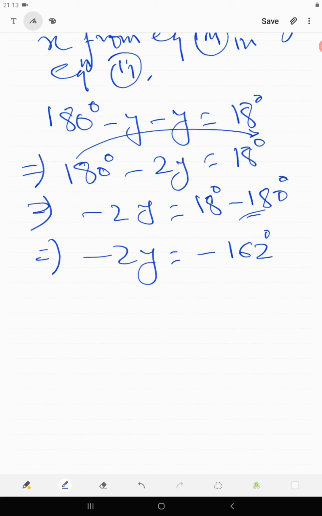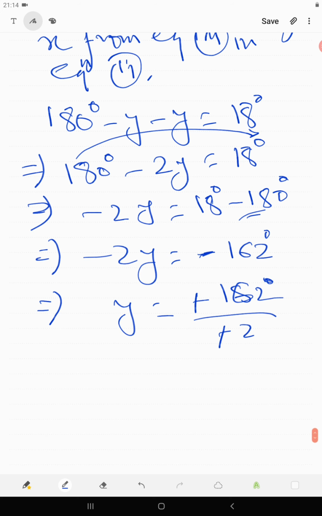The bigger number's sign will come first, so the sign will be minus, and then subtract normally, 180 minus 18, which gives 162 degrees. Now minus 2 is multiplied with y, so y equals minus 162 divided by minus 2. The minuses cancel out, giving 81 degrees. So we have got y equals 81 degrees, correct?